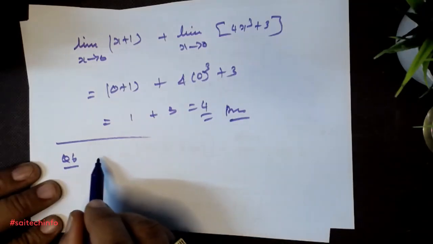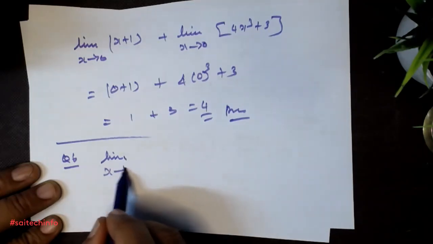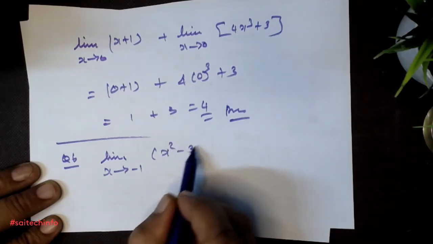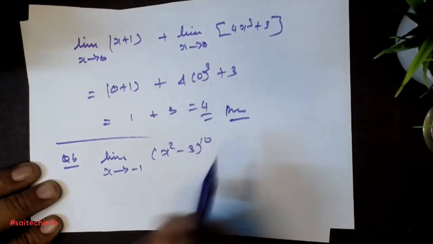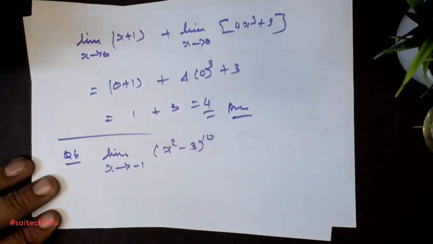Calculate the limit as x tends to minus 1 of x squared minus 3 whole power 10. Okay.